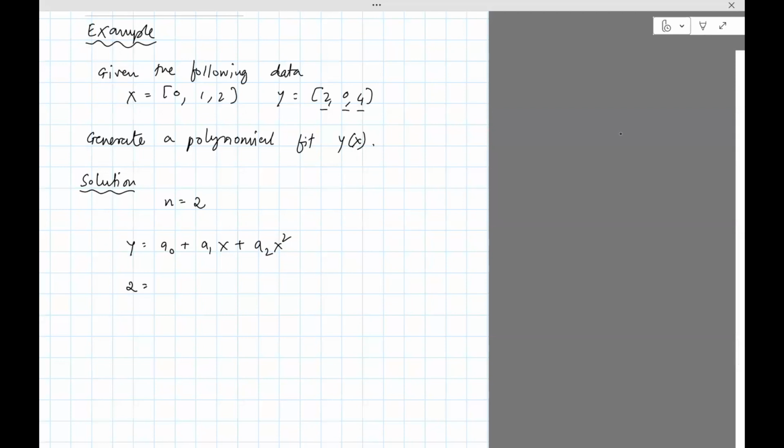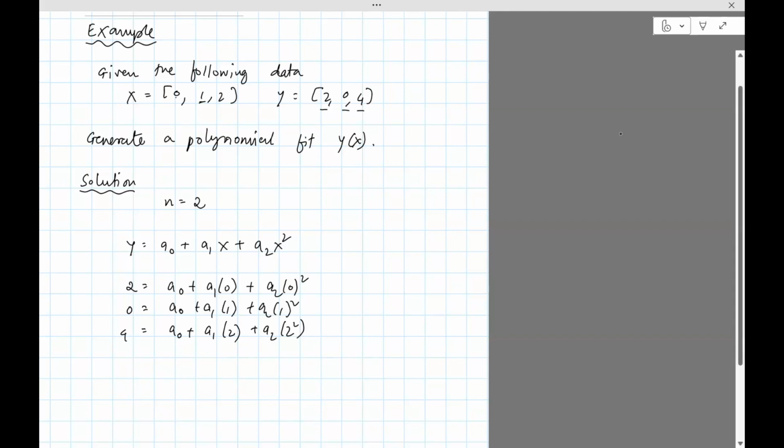So 2 is the first one when you put x equals 0: a0 plus a1 times 0 plus a2 times 0 square. Then we have 0 on the left. That's when we put x equals 1: a0 plus a1 times 1 plus a2 times 1 square. Then lastly we have 4 equals a0 plus a1 times 2 plus a2 times 2 square.